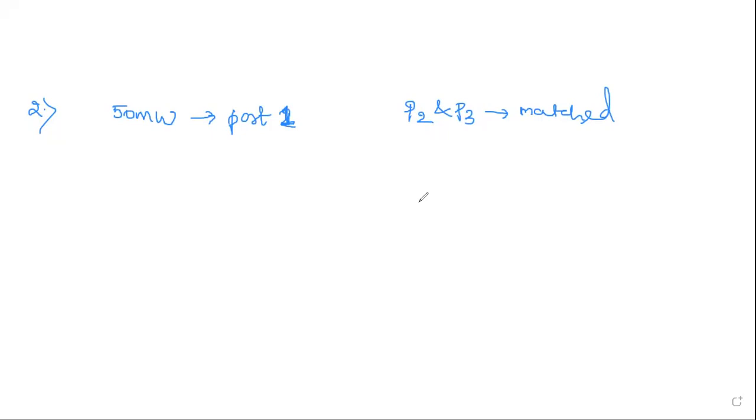Calculate the power fed into each of the ports by the junction. The same problem, just the power which is fed is given. Calculate the power fed into each of the ports by the junction.